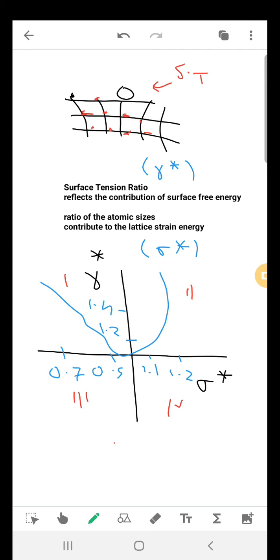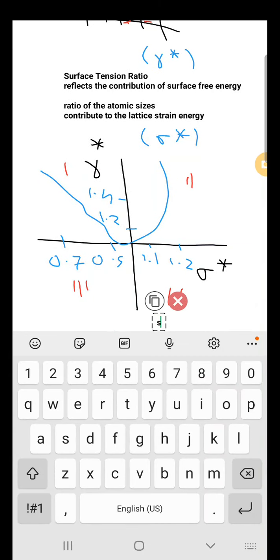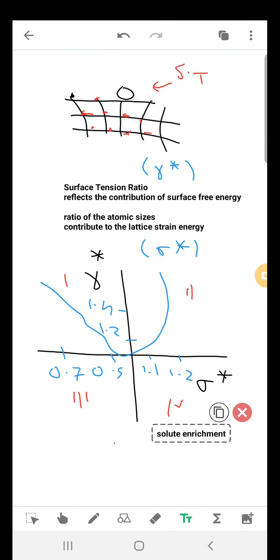This corresponds to solute enrichment. But this boundary signifies that there is bond breaking taking place, and also there is nonlinear elasticity.